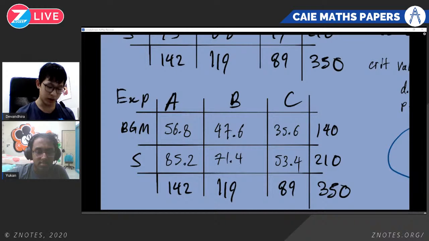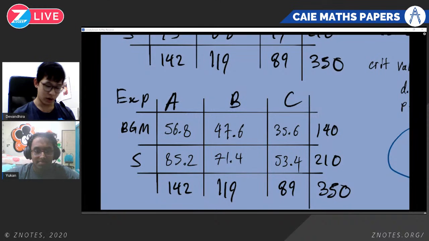Same thing if you want to get B and BGM: you would use 119 times 140 over 350. You do the same process for each entry, and these are the numbers you should be getting. Agree? So far, so good?